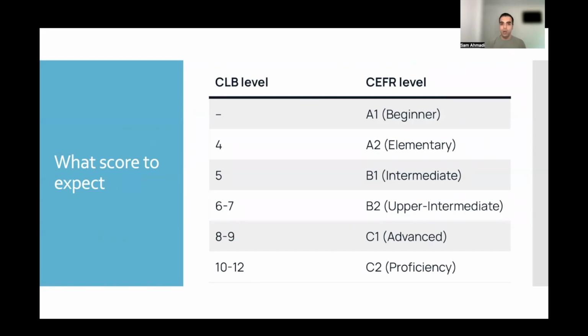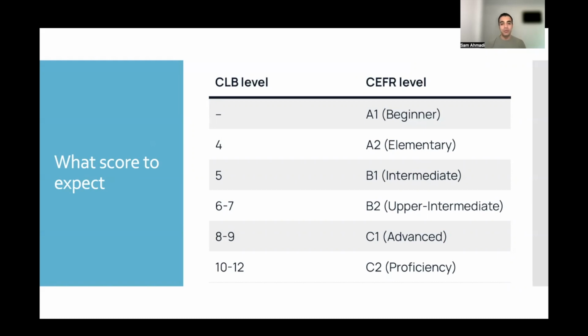It's anything below a CLB 4. But if you're an A2 or elementary level learner, the most possible outcome for you is most likely a CLB 4. If you're at B1 or intermediate level, you can expect to get a CLB 5. If you're at a B2 or upper intermediate level, you are most likely to get a CLB 6 or a CLB 7. So that's CELPIP score 6 to 7.